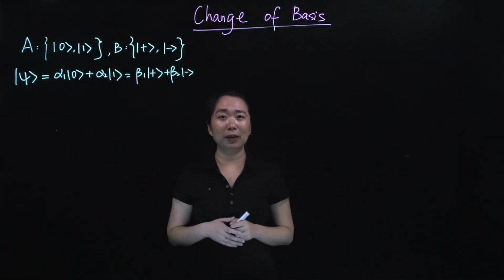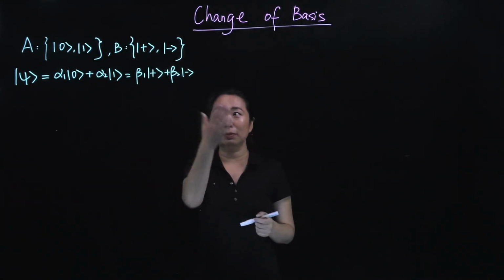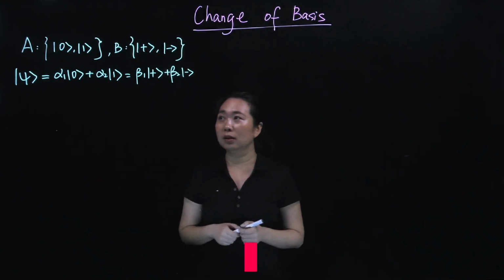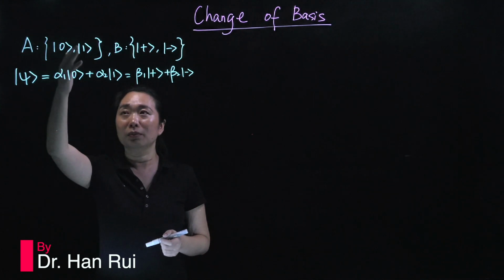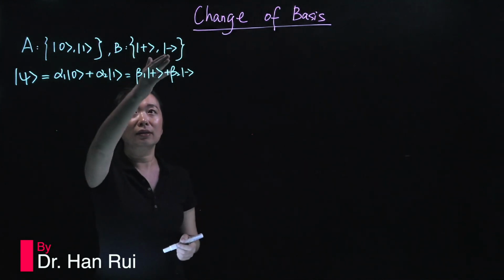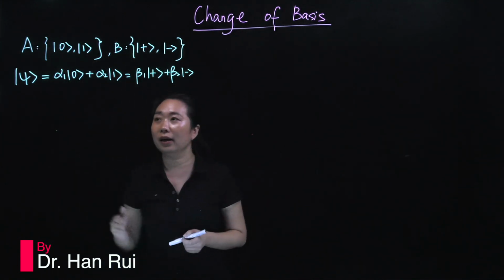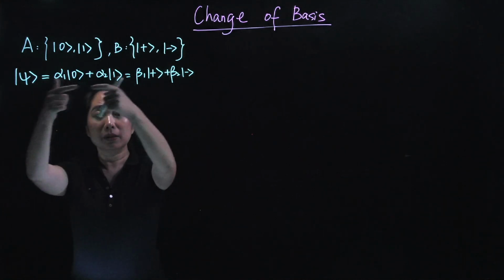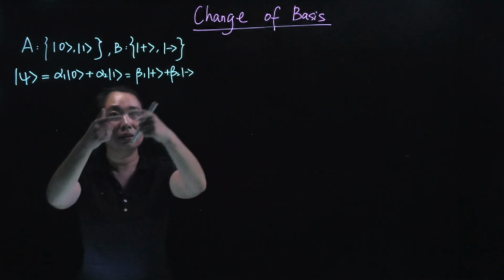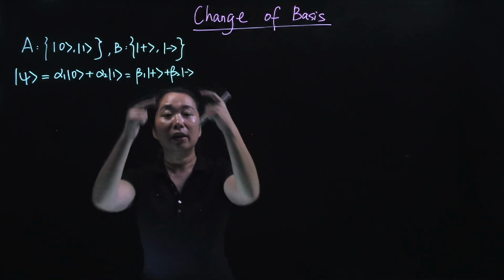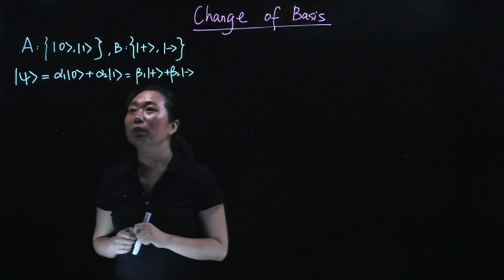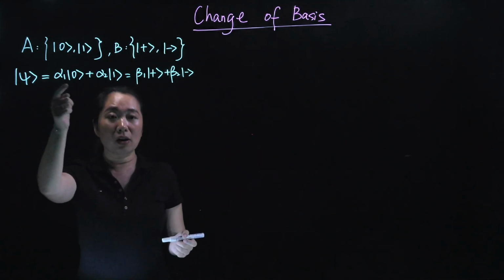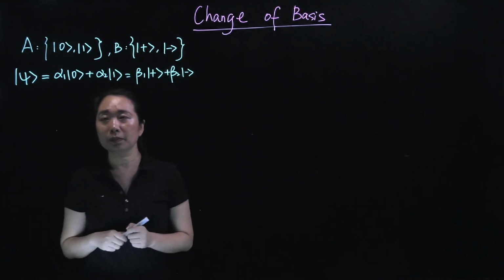Now let's apply what we have learned for the general formalism of change of basis to our previous examples. We have two bases. One is the computational basis, the other is the plus-minus basis. And the qubit state psi can be expressed as a superposition in the computational basis or a superposition in the plus-minus basis. We want to find what is beta 1 and beta 2 given alpha 1 and alpha 2.